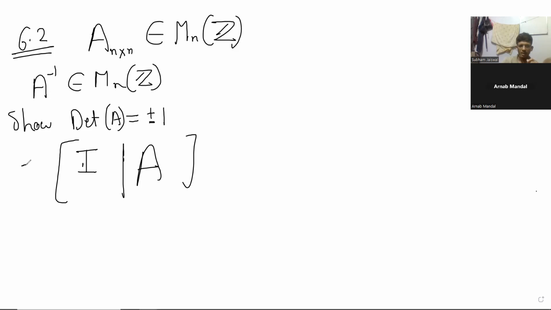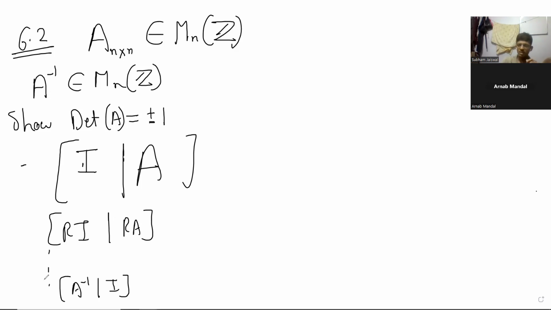Let's say you apply some row operations and you get here and so on, and finally you get A inverse. But how does it tell me anything about the determinant? That you need to tell me. That you need to connect.